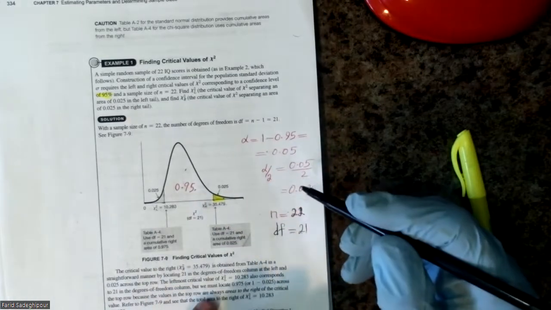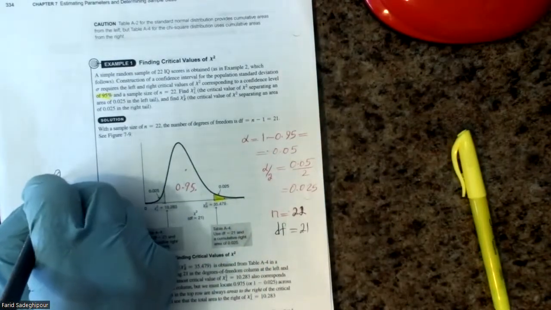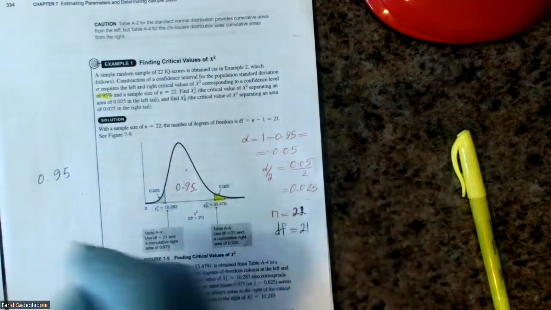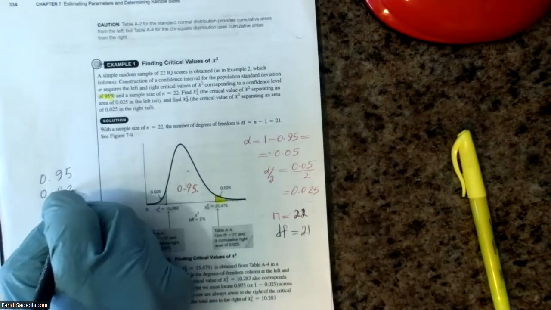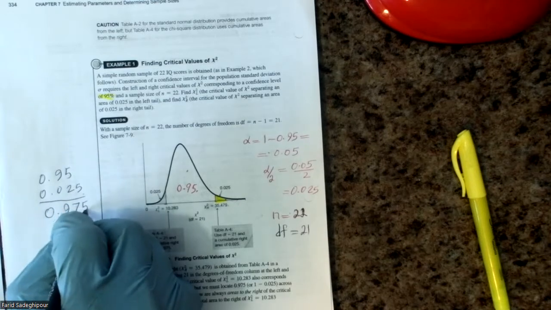So if you take 0.95 and 0.025 and add together, it gives you 0.975.